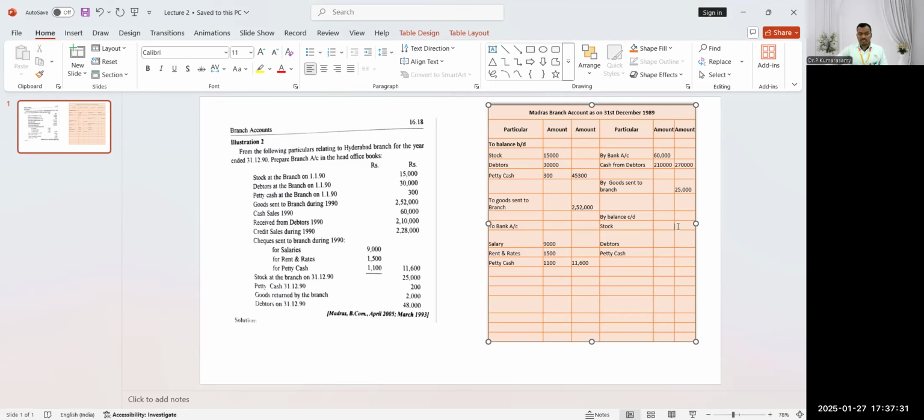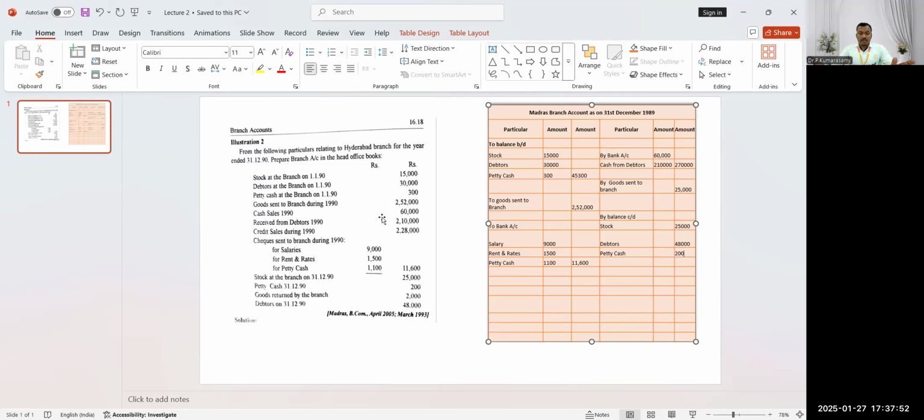Okay. Value of stock is 25,000. Value of closing debtors 48,000. Closing petty cash is 200. So these are the items.